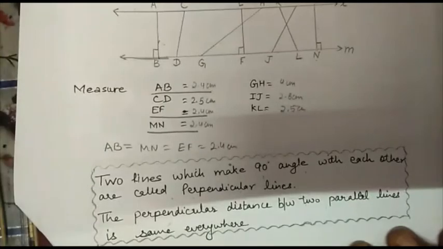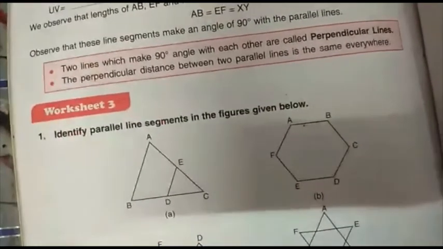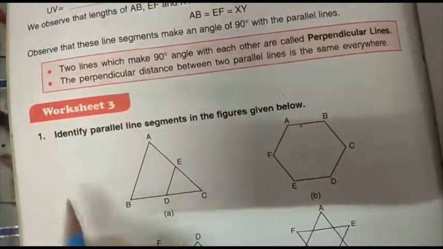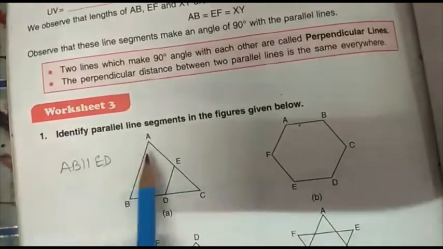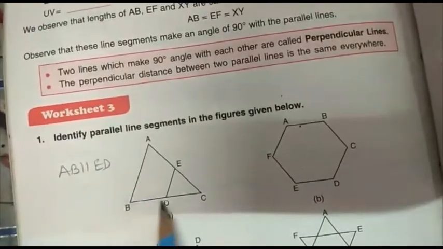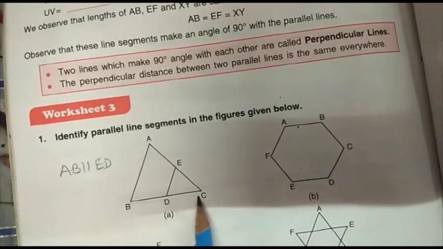Okay, now on the basis of this, we will solve our worksheet number 3. Identify parallel line segments in the figure given below. Here we can say AB is parallel to ED. Now AE and BD, if we extend, are going to meet at a point, so these are not parallel.